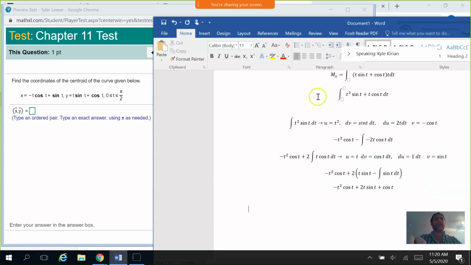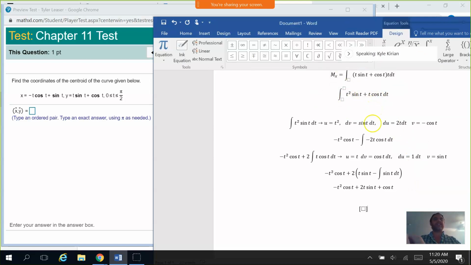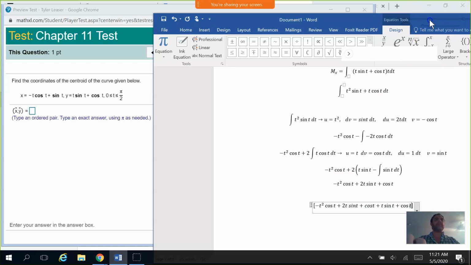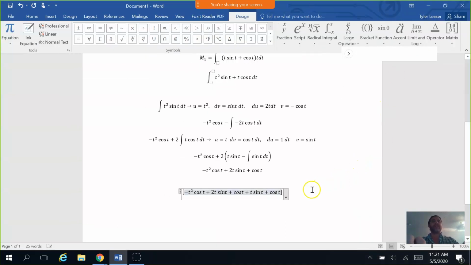So going back from this top integral, this integral we just found has an antiderivative of this stuff, negative t squared cosine t plus 2t sine t plus 2 cosine t, plus this thing's antiderivative, which we had found in this parentheses here. So the t sine t, and then it's going to have a plus cosine t. All right, and then this we're evaluating from the limits 0 to pi over 2.